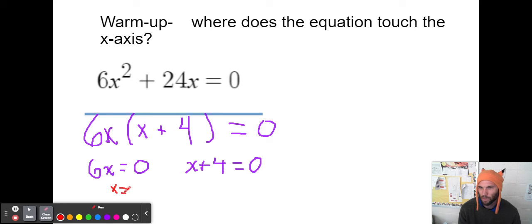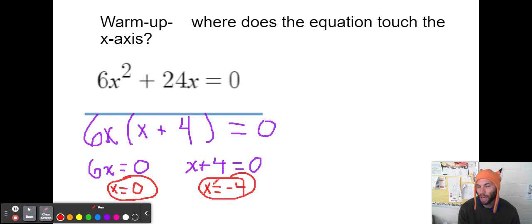X is equal to 0, and x is equal to -4. And because I factored this, I can solve it. I can't solve it any other way yet. We're going to talk about the quadratic equation, but the way you solve quadratics or polynomials is to factor them until you can solve those individual factors.